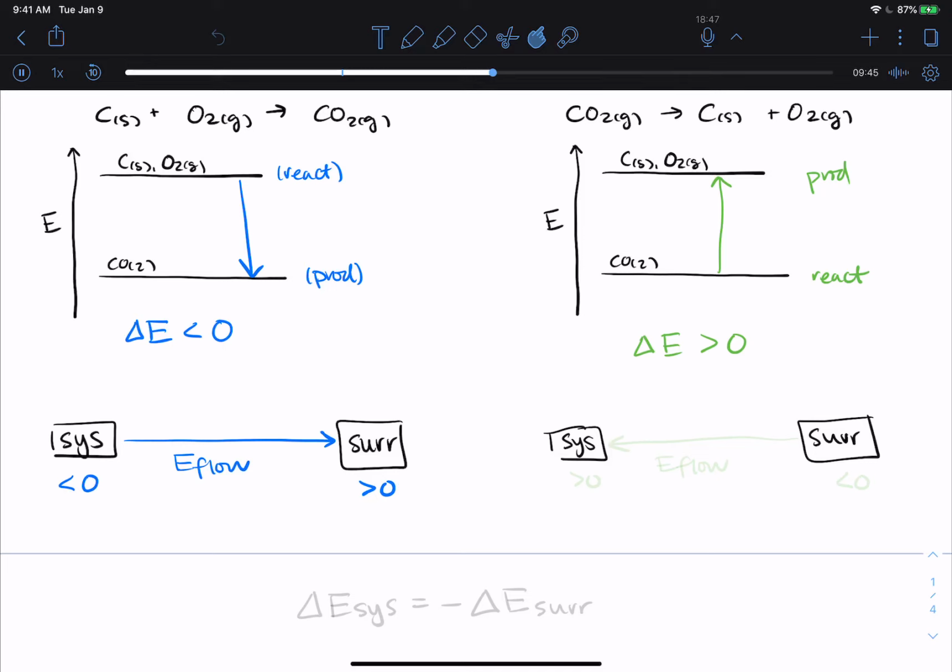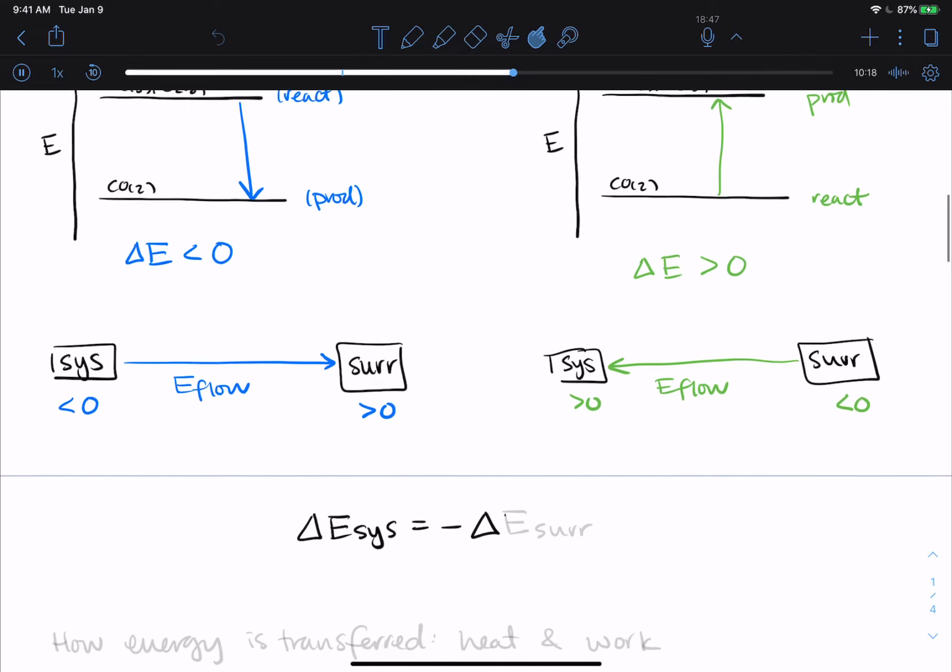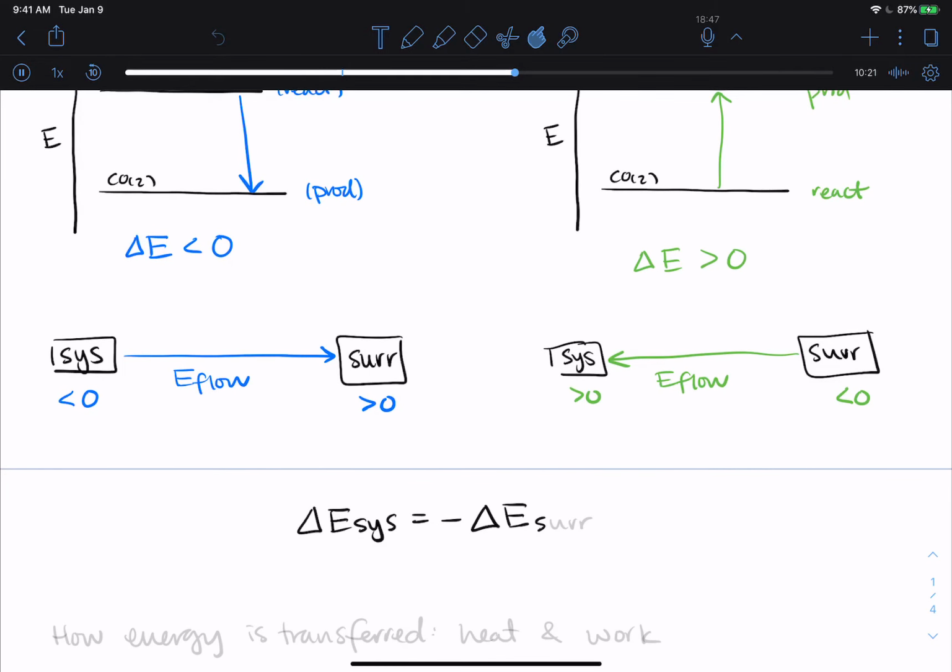In the other case, my reaction is absorbing energy, and it is absorbing that energy from the surroundings. So the energy is flowing from the surroundings into the system. So the delta E for the surroundings is negative. So because of the first law of thermodynamics, we can't create or destroy anything.